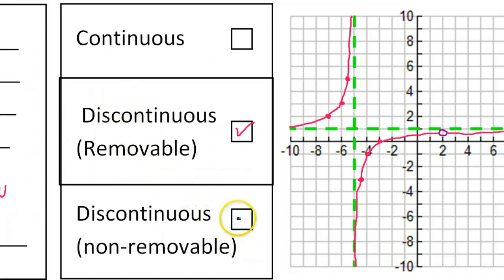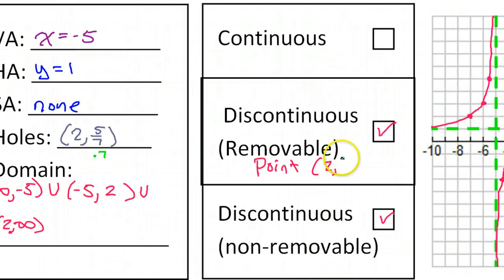And we also have the non-removable, so maybe I'll just label this: the point (2, 5/7), that's the removable discontinuity.